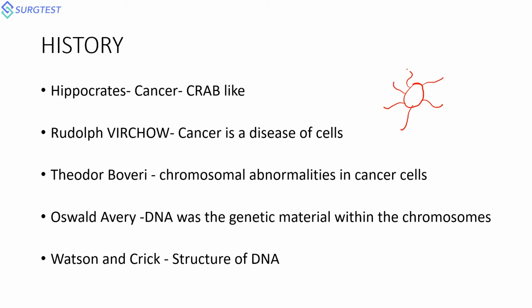And Theodore Boveri is one important person who acknowledged that chromosomes are the culprits in cancer cells. So the chromosomes were identified as the pathognomonic feature in 1914, almost 100 years ago. He said the pathological part of any cancer cell will be the chromosomes.